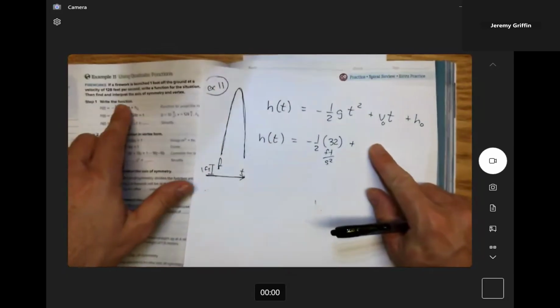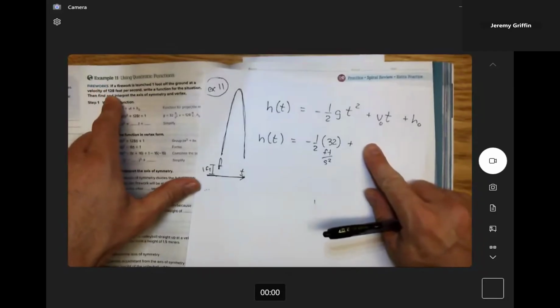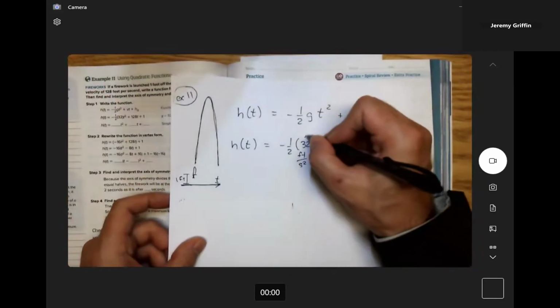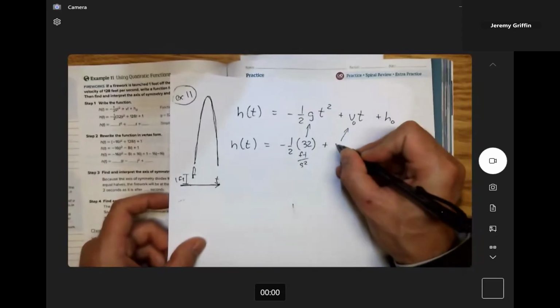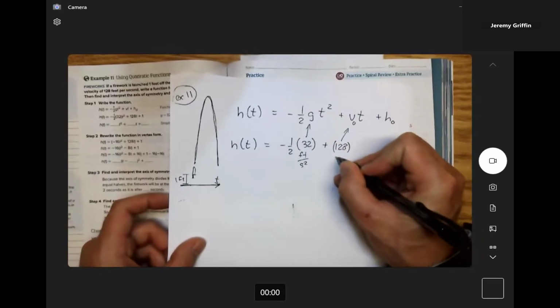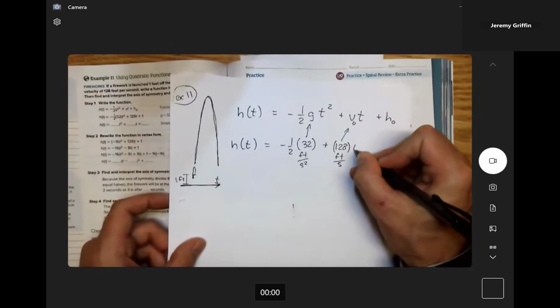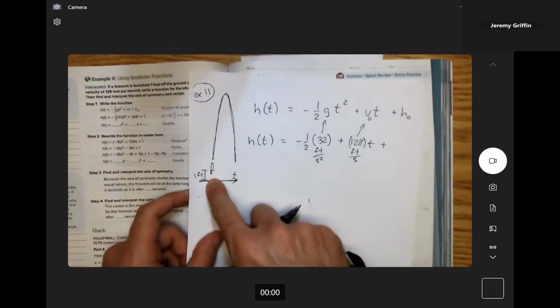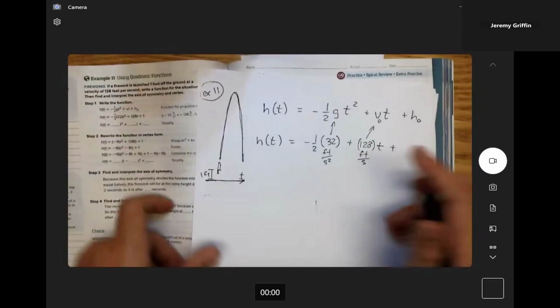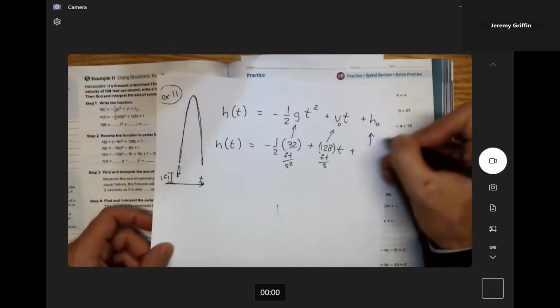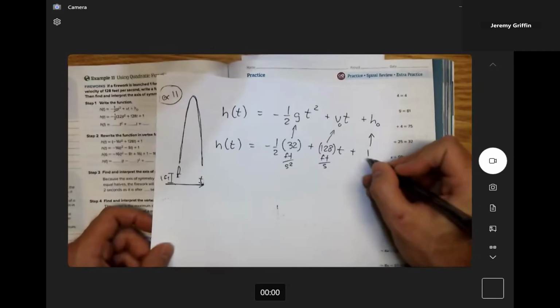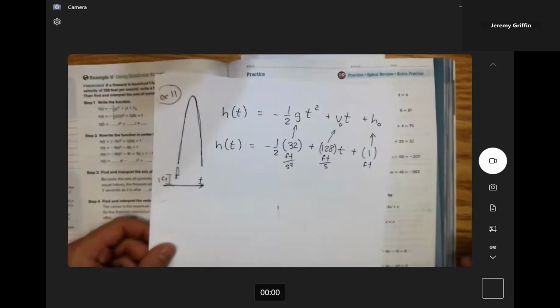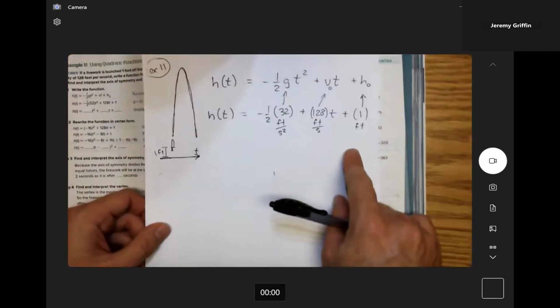The initial velocity up was 128 feet per second, so that takes the place of v naught, 128 times t. And the fireworks started off 1 foot above the ground, so in place of h naught, the initial height, I put 1. So here's your equation.